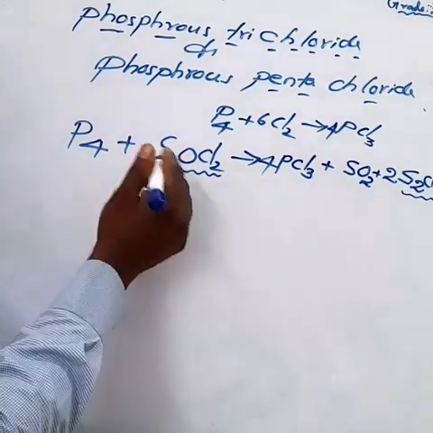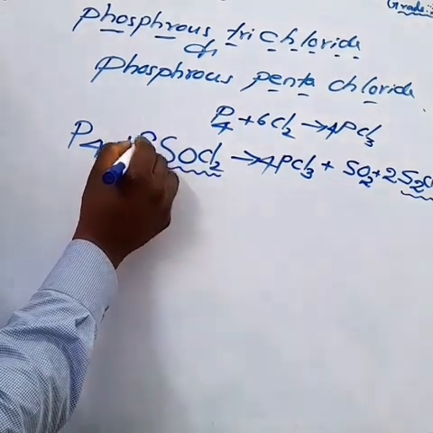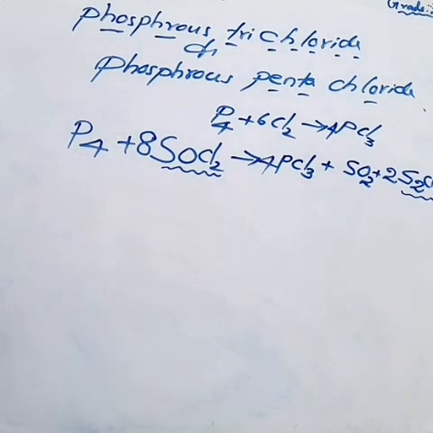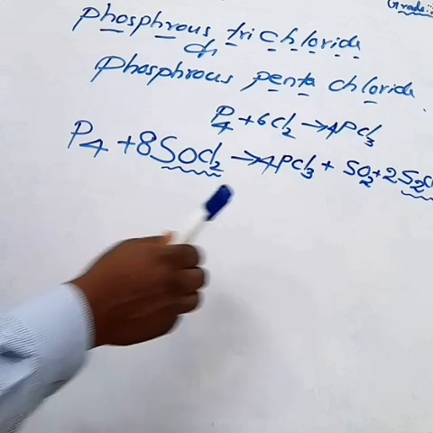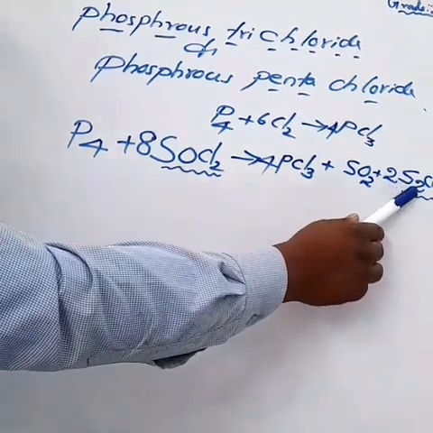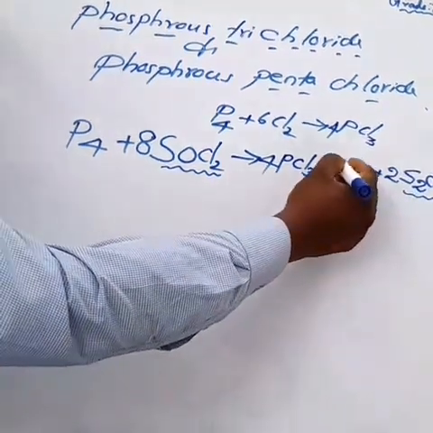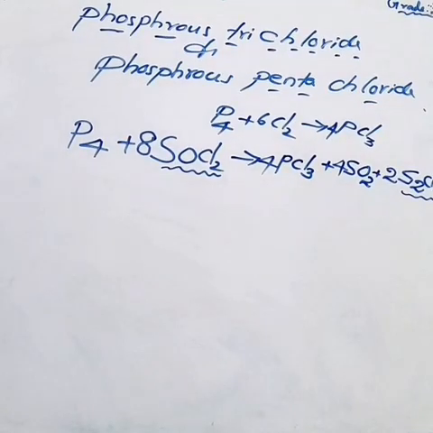So make it 8 thionyl chloride on the reactant side, 8 into 2 is equal to 16. Now chlorine is balanced. Next the sulfur. Here 8 sulfur on the reactant side. Already 2 into 2 is 4 accounted for. The remaining is 4, so make it 4 SO2, 4 sulfur dioxide. Now the equation is balanced.